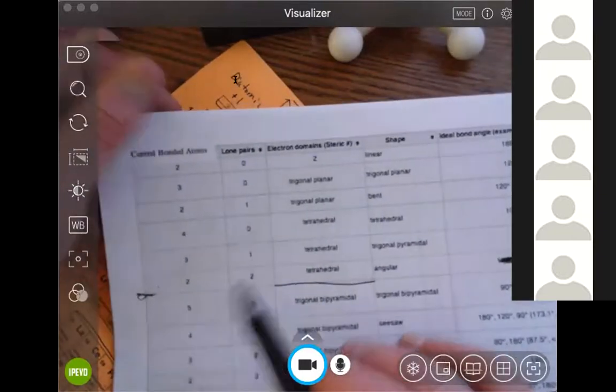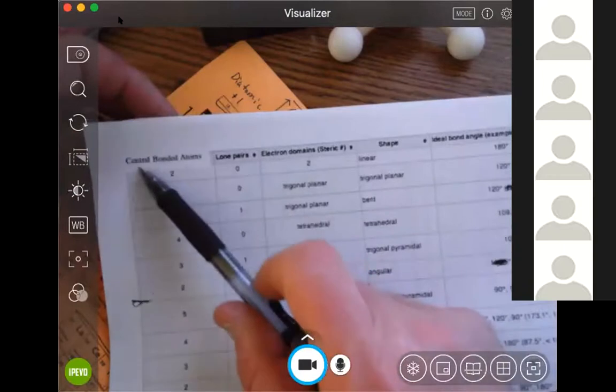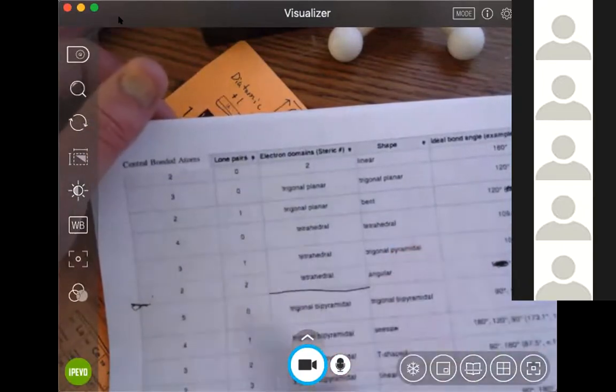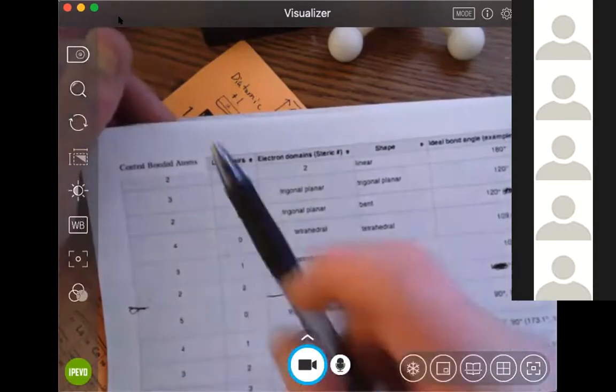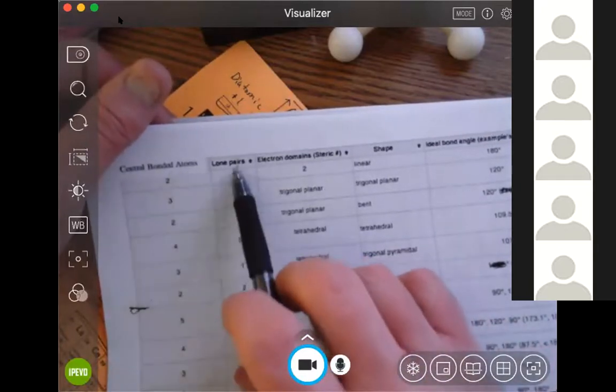Yeah, I'm looking at my chart right now. So you're looking for a 3 in this column and a 1 in this column, right?